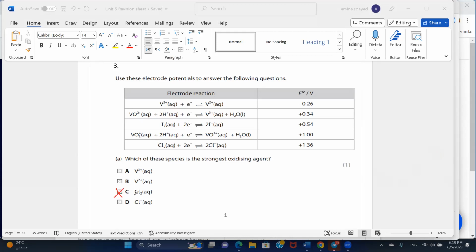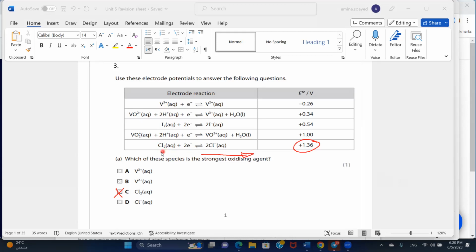Why is it C? We said that the more positive the value of the E naught, this means that the reaction is favorable. The forward reaction is favorable. And we know that oxidizing agents themselves are going to be reduced. The chlorine is an oxidizing agent. It's the strongest of these, not of all the species, but of whatever they added here in the table.